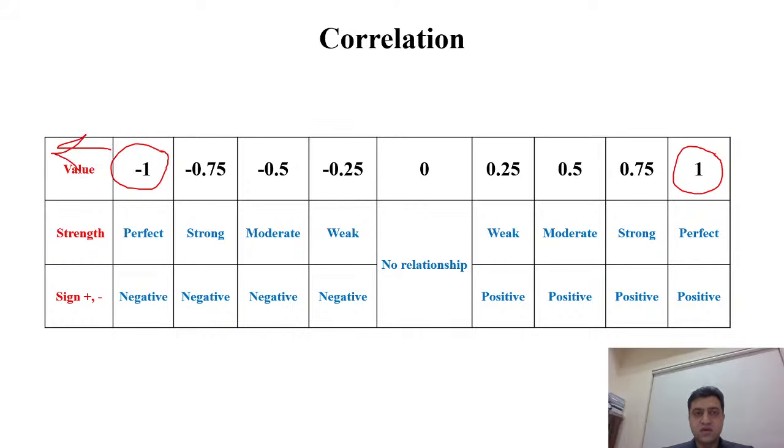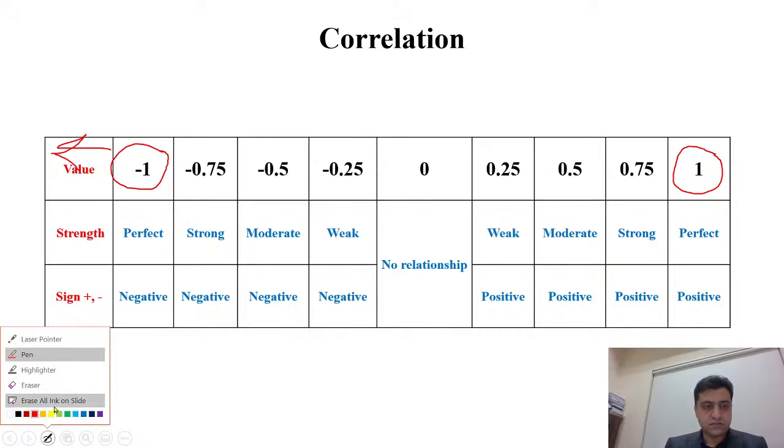In simple language, we cannot say that the correlation value is 1 point something. If somebody says the correlation value is, let's say, 1.25, that means it's not a correlation value. It will always be between -1 and +1.